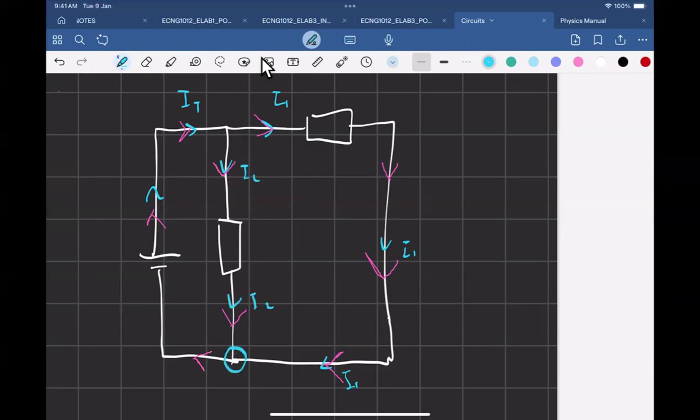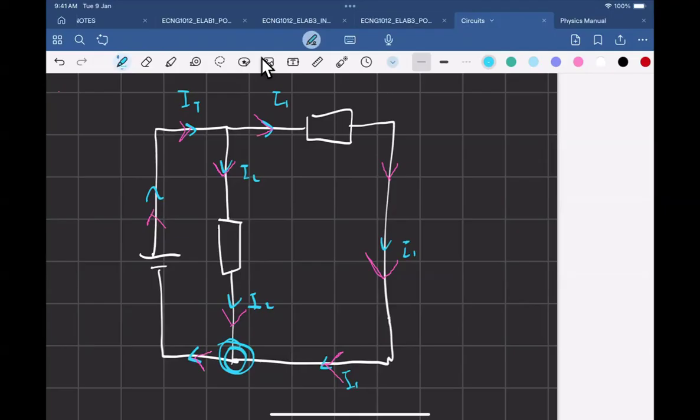But when the currents meet back at this point, what would be my current? See if you can figure that out. So we start off with the total current. When I1 and I2 meet back up at this point, what would be the current?